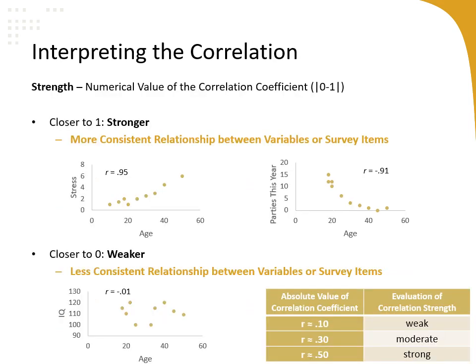So now that you've looked at direction, right? Are they changing in the same or opposite directions? Let's focus on strength. And the strength is told to you by the numeric value of the correlation coefficient. So correlations really range anywhere from, if we're looking at negatives, from -1 to +1.